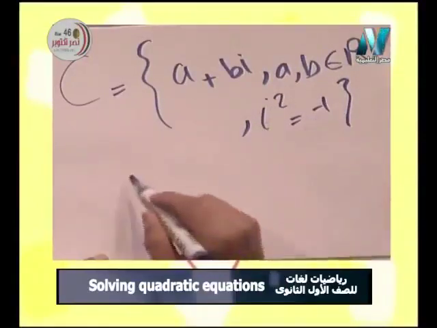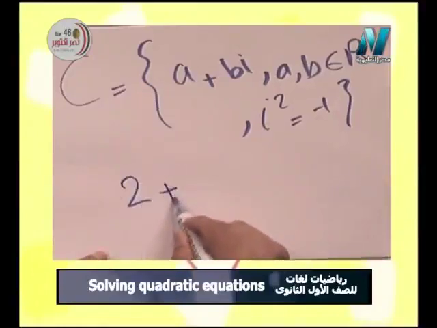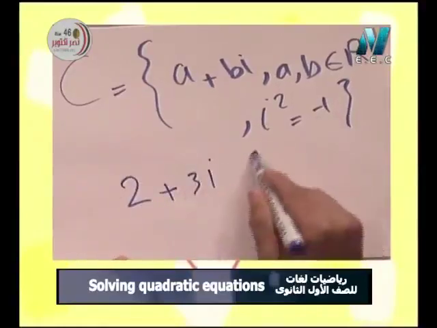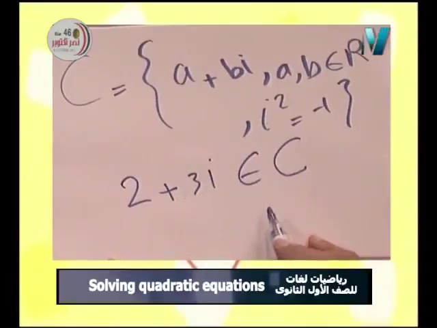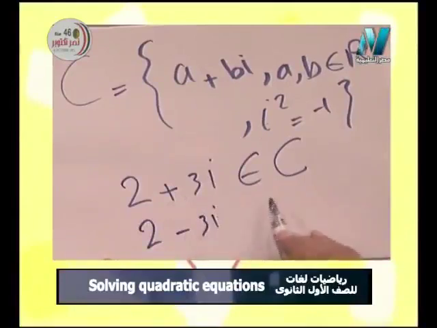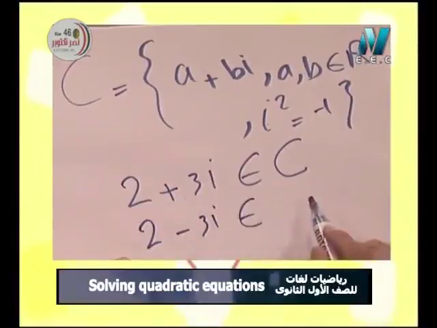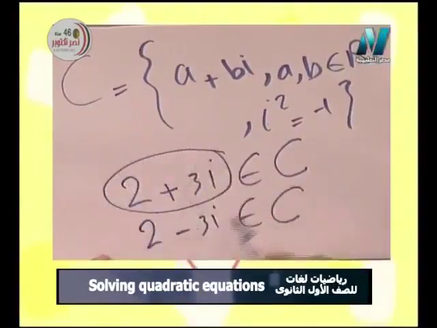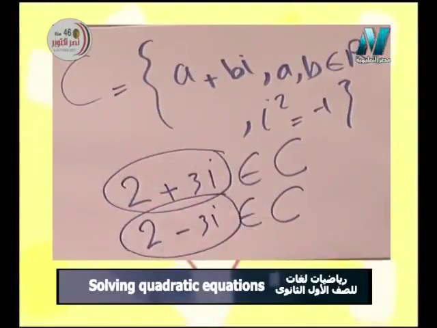Okay. So when we write 2 plus 3i, it is a complex number, belongs to capital C. If we have 2 minus 3i, it is also a complex number which belongs to C. And notice that 2 plus 3i is a conjugate to the number 2 minus 3i.